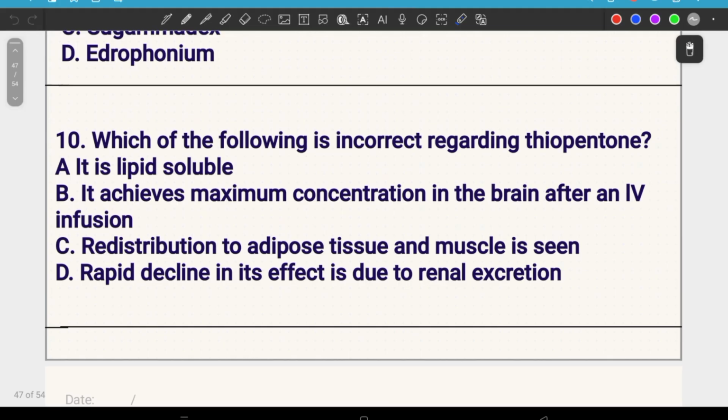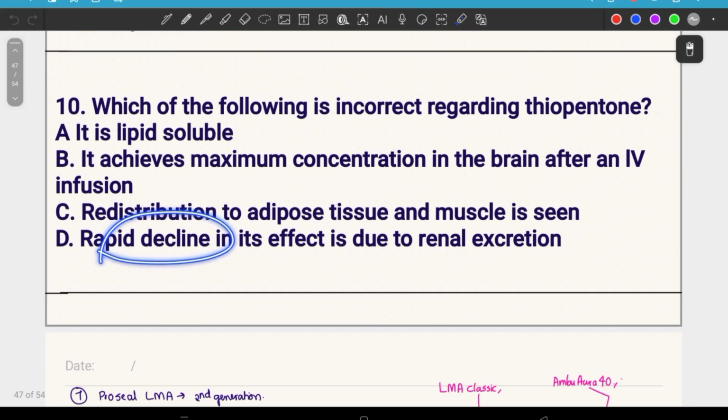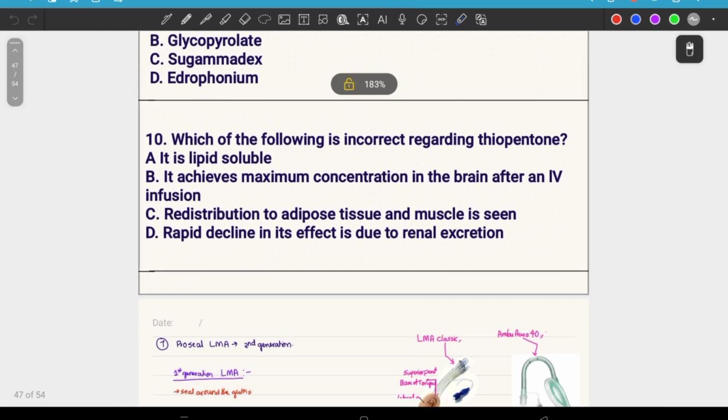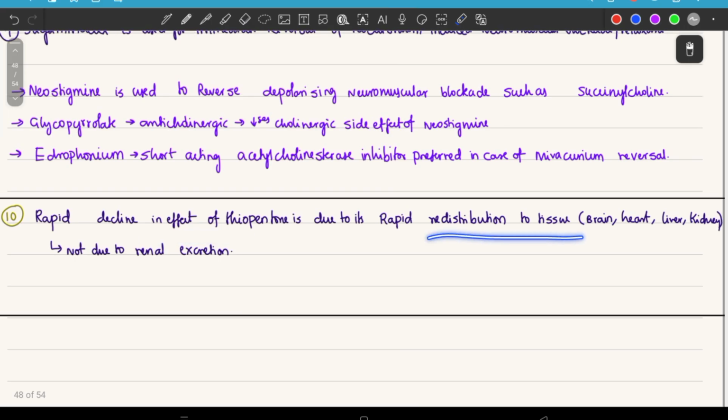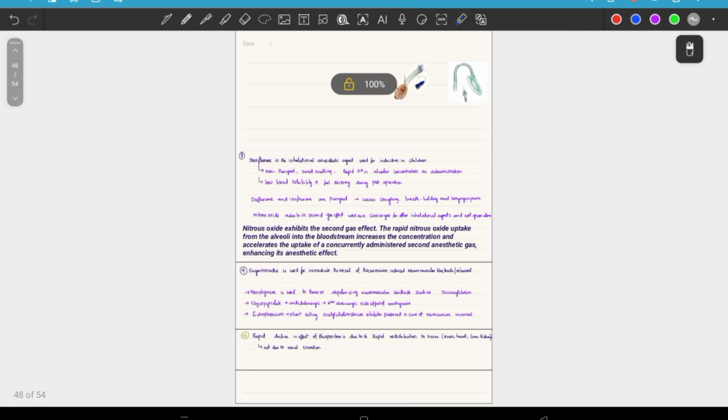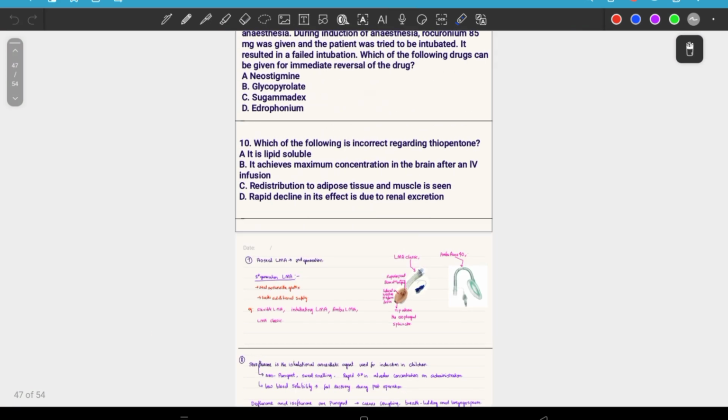But the rapid decline is due to what? Rapid decline is also due to the redistribution only. Its effect is decreased due to its redistribution, not due to renal excretion. Rapid decline in the effect of thiopentone is due to rapid redistribution out to tissues, not due to renal excretion. That one sentence you should know.